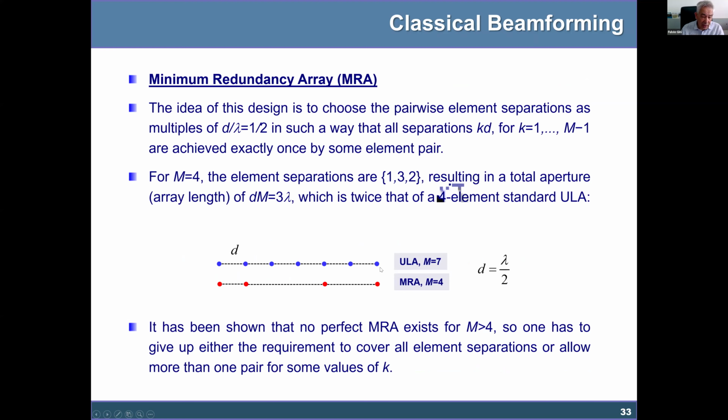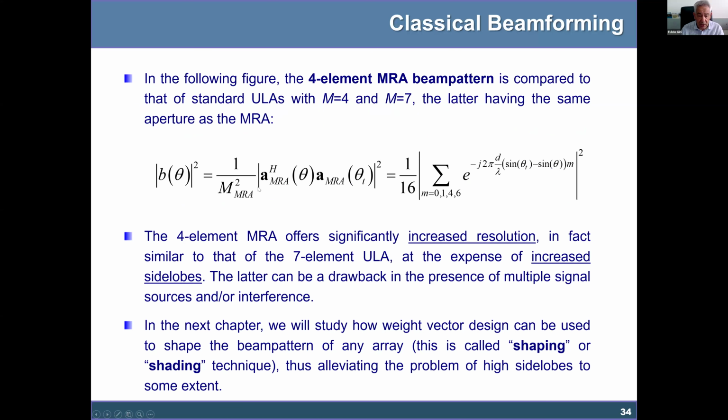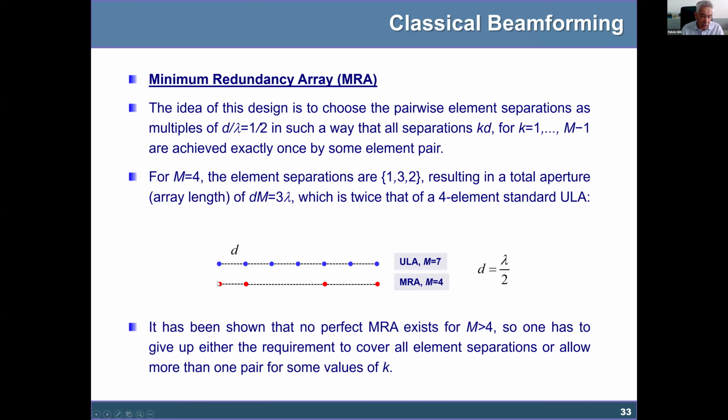You take the ULA array response, remove the third, the fourth and the sixth elements, and you remain with a 4-dimensional vector, and then you calculate the inner product. So you get this summation, but only for m equals 0, 1, 4, 6.